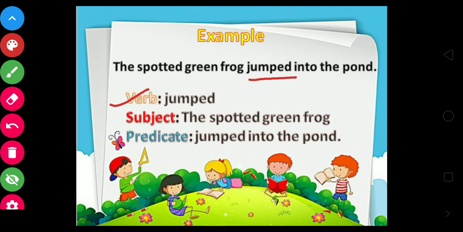Because we want to know what is the subject in the sentence. So who jumped into the pond? Yes, the spotted green frog jumped into the pond. So the spotted green frog becomes the subject, and the remaining part of the sentence, that is jumped into the pond, becomes the predicate. Always remember that predicate consists of a verb.